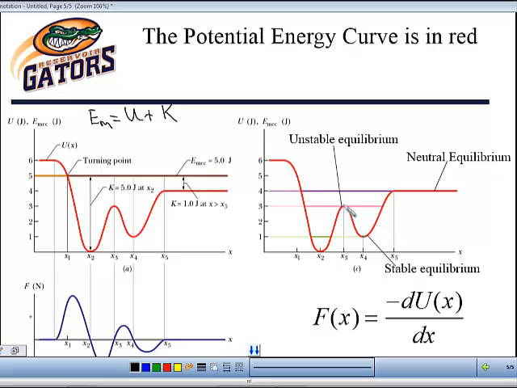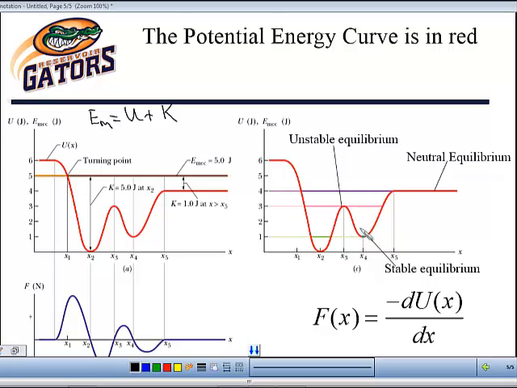A nudge in one direction or the other would send you to the bottom to a much lower potential energy. That's called unstable. Okay, your object does not want to stay in that position. It's in equilibrium, but it has more potential energy than it knows what to do with.